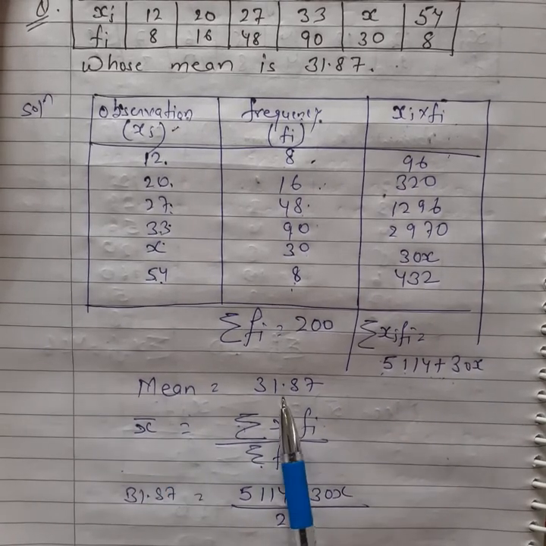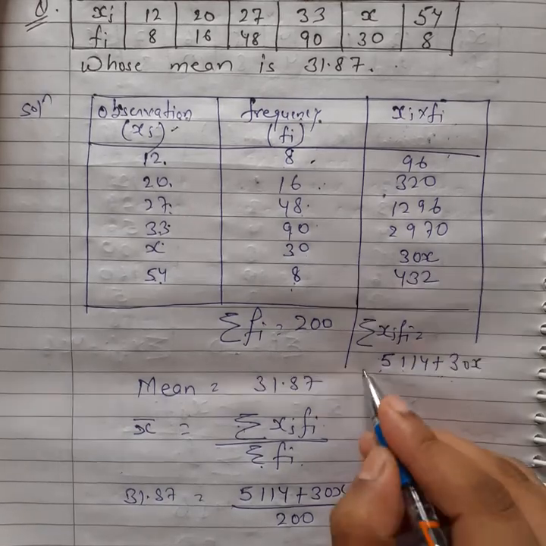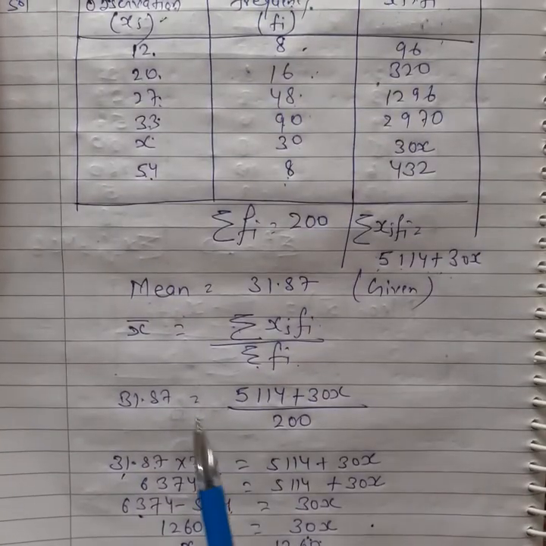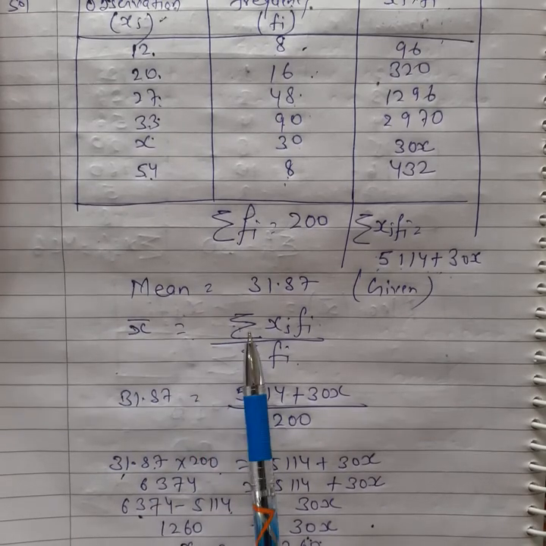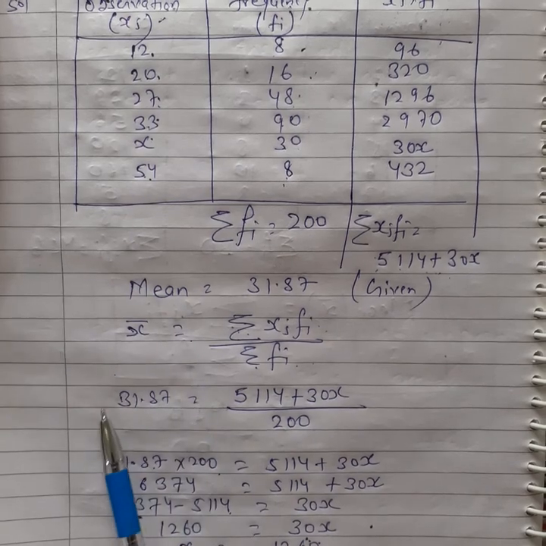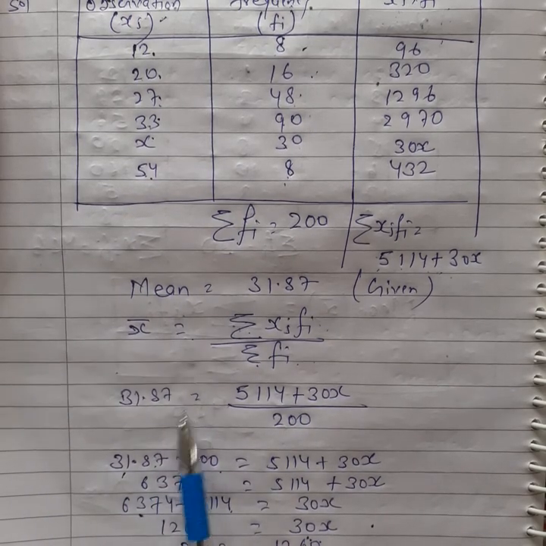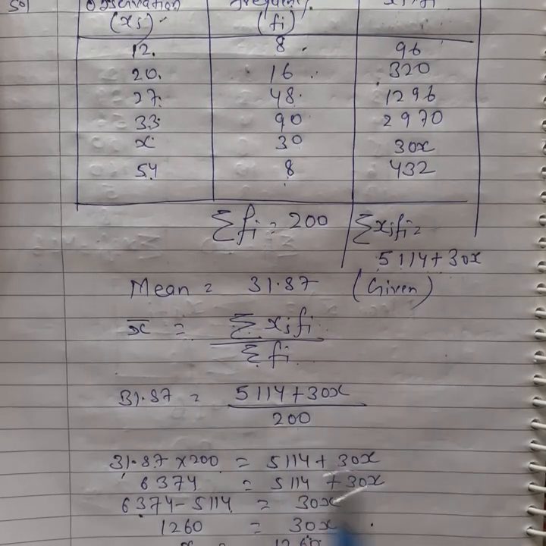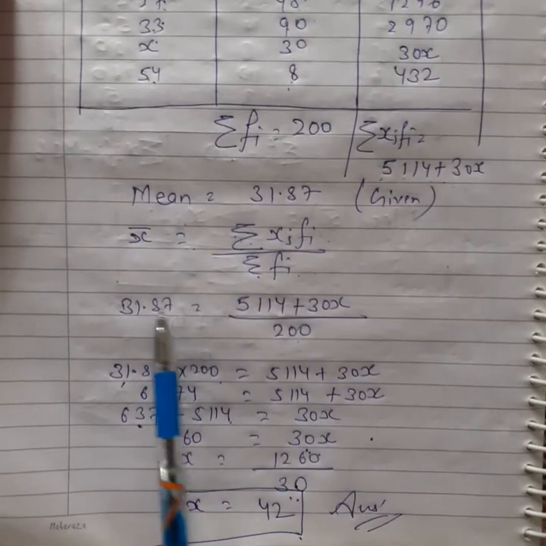Now the mean is given. Okay. Now we apply the formula, that is mean is equal to sigma xi fi by sigma fi. Now put the value of the mean 31.87 and 5114 plus 30x by 200. Now we cross multiply here.